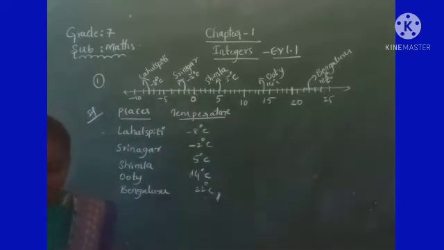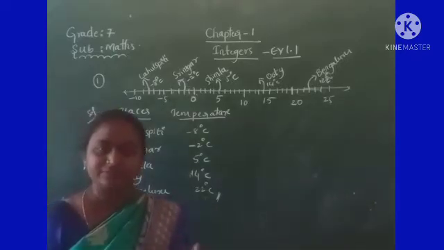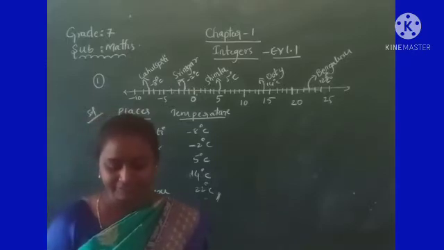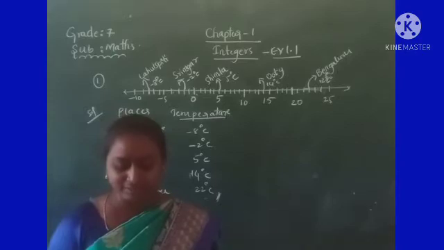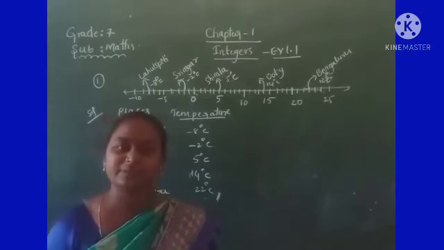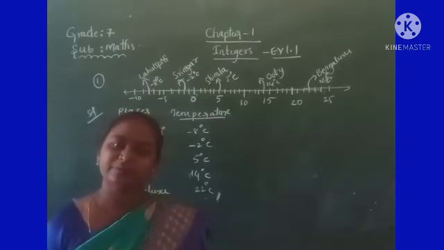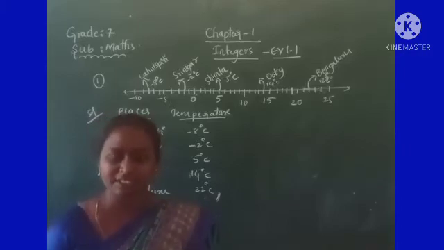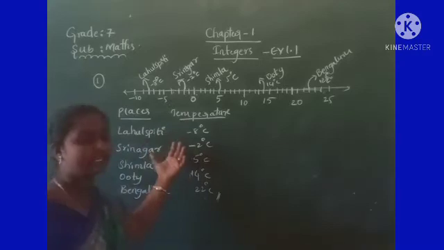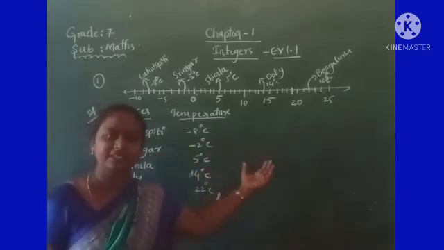Okay, come to the second one. What is the temperature difference between the hottest and the coldest places among the above? Hottest means the temperature is more. Coldest place means the temperature is less. So we have to find the difference between the hottest and the coldest.